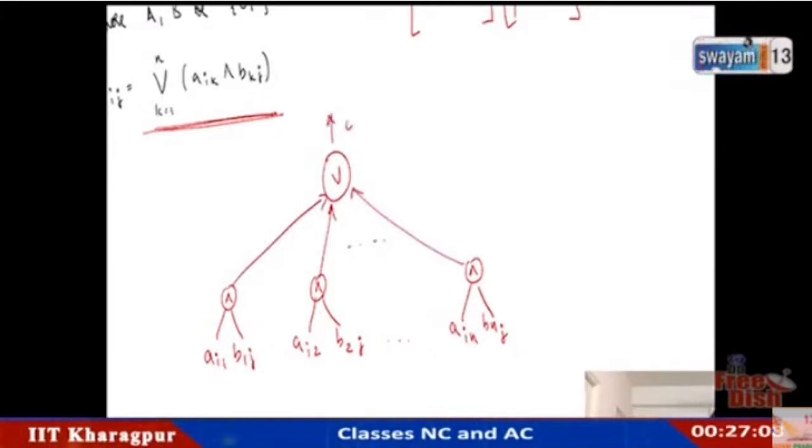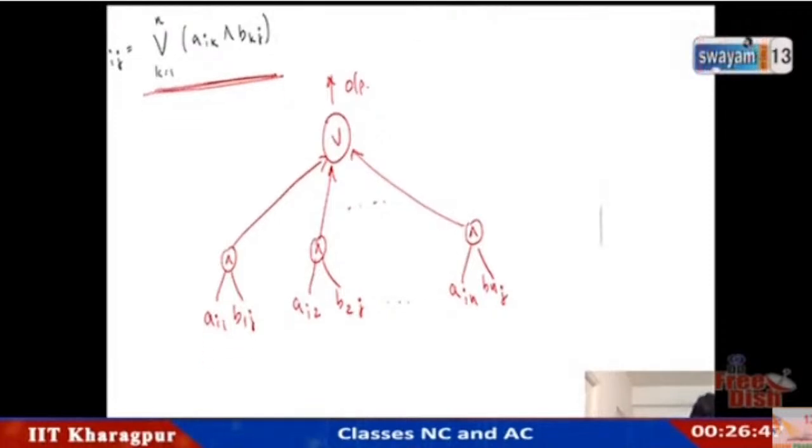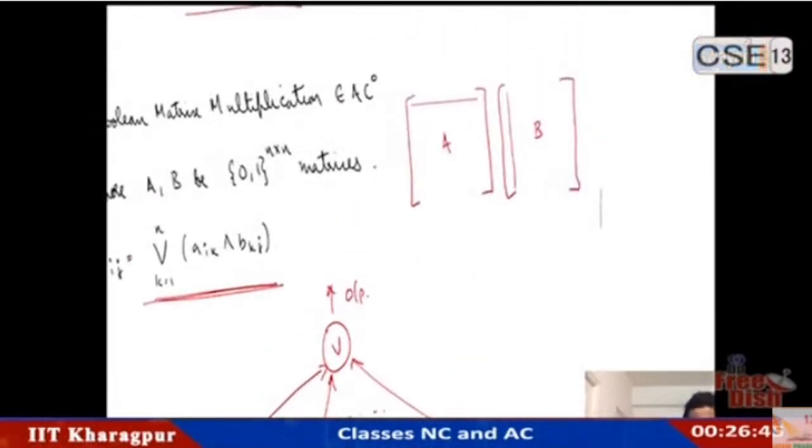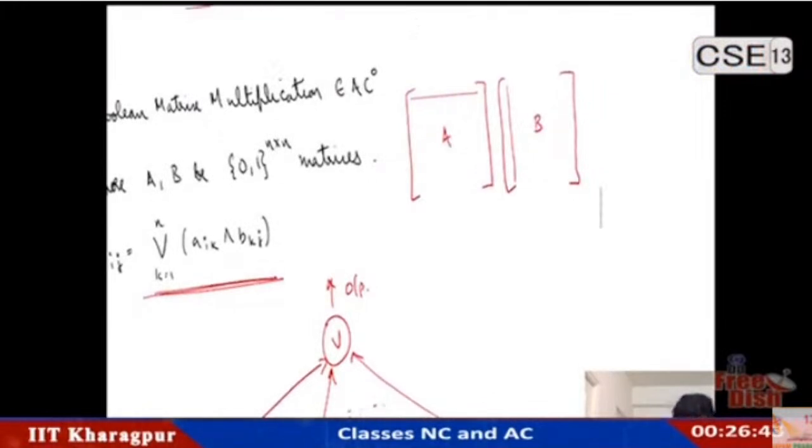And this is the output. So clearly this is a constant depth polynomial size circuit, and it correctly computes the ijth entry of the product. Hence Boolean matrix multiplication is in AC0.